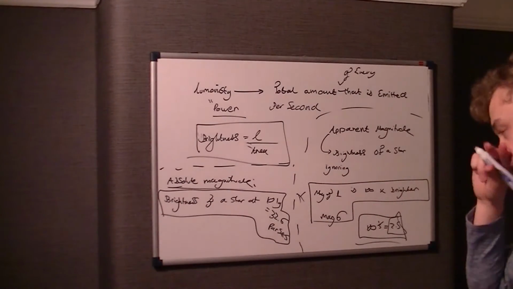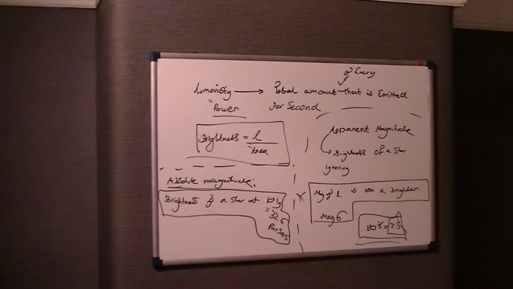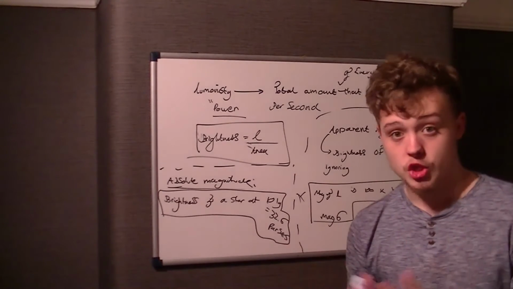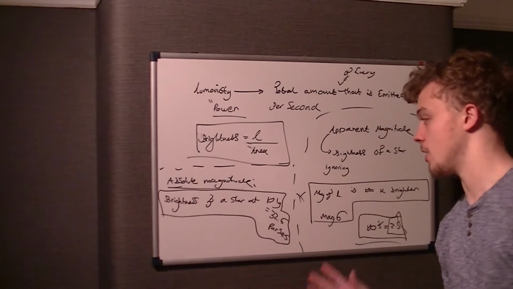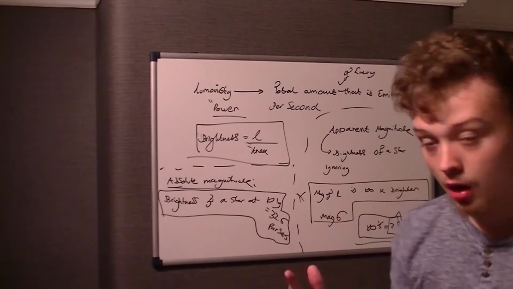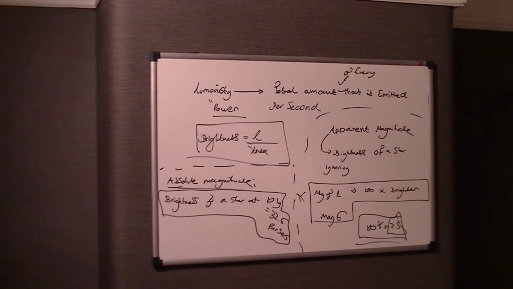Okay, but as I said, that's for your own interest, and you're given that ratio in the equation sheet anyway, so don't worry about having to remember that, purely to remember the relationship between the two, okay? But that's just something you need to know about absolute magnitude. Now there are equations which I'm going to go through for both of them, but I just wanted to give you a bit of an overview of what we mean by apparent magnitude and what we mean by absolute magnitude.